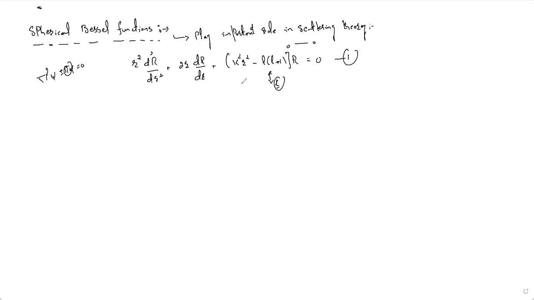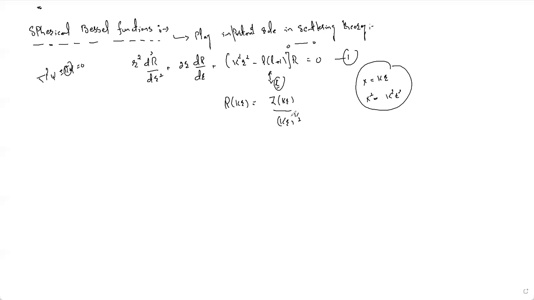Now, if I make a particular substitution in this equation, that is, I say that this R, the radial part, which is a function of kr, is substituted by Z of kr, some variable Z which is a function of kr, divided by under root of kr. Or if it is an equation in x, then we take it as under root of x, since here x is equal to kr, so x square is equal to k square r square. So I substitute R by Z by kr raised to power 1 by 2.